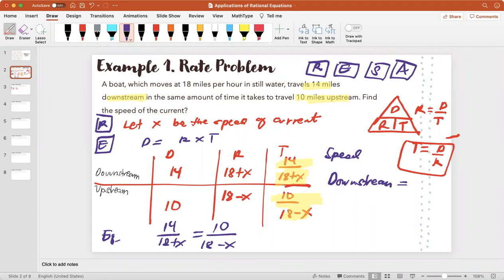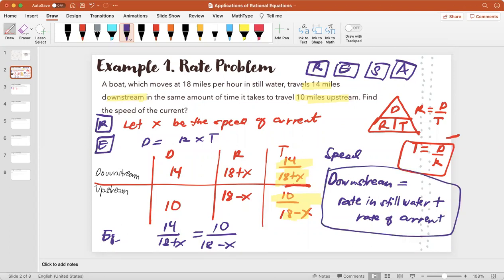It's the rate in still water plus the rate of current. So that's the formula for downstream rate. For upstream, it's simply minus. So just remember this whenever you represent your downstream and upstream rate.